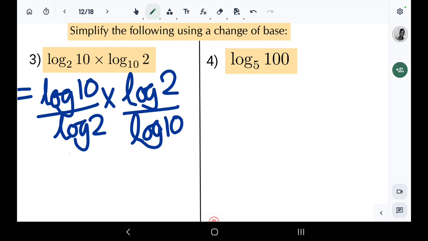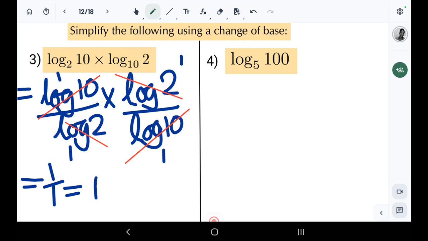Now these two cancel each other. This log cancels with this log, and the log 2 cancels with log 2. We've got 1, 1, 1, 1. So that's 1 times 1 over 1 times 1, which is equal to 1 over 1, which is equal to 1. That's what you have there.